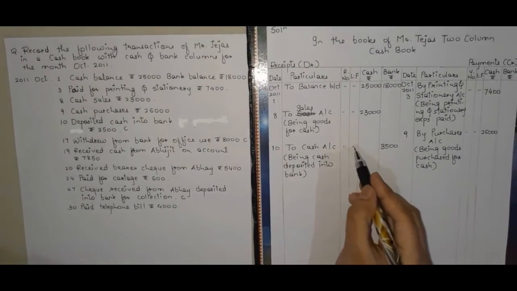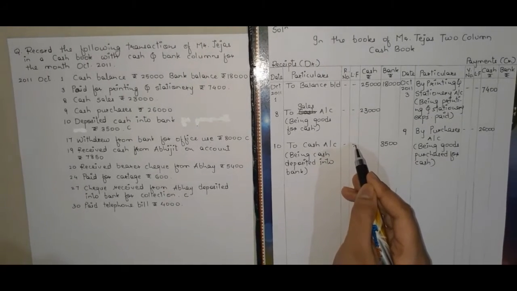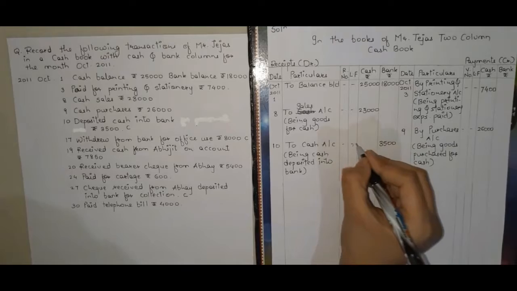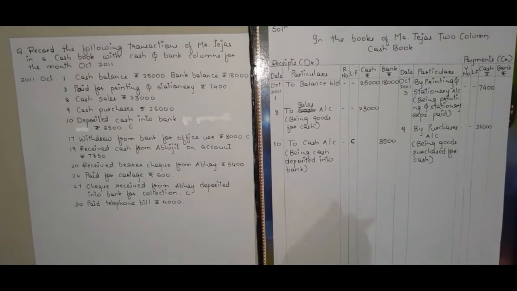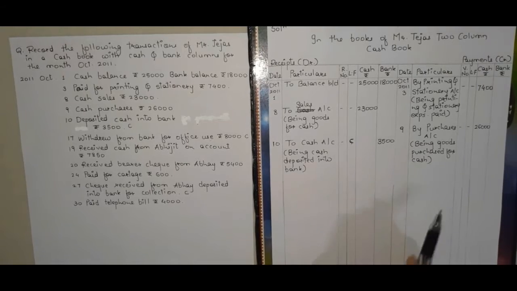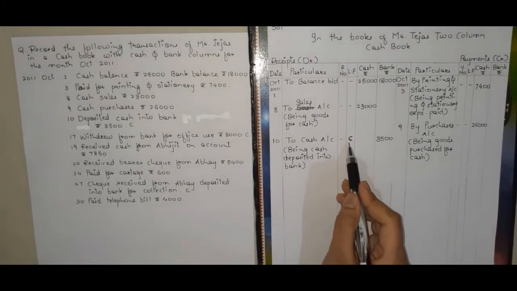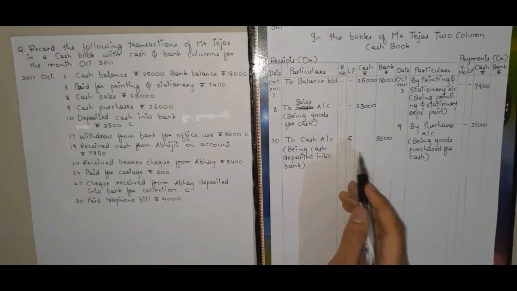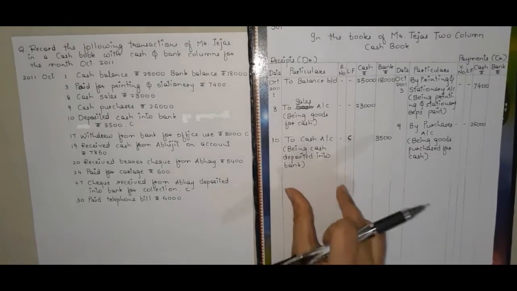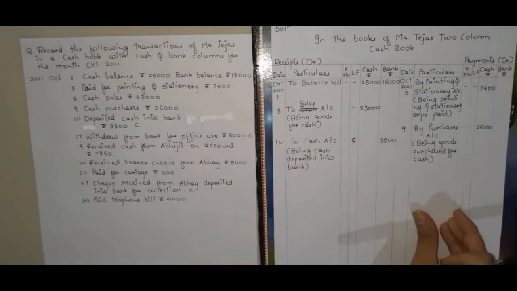Here you have to mention that this is a contra entry. So what are you going to write over here? C. You will not just give it as a sign nil, because this transaction we have to record on both the sides. That is why we have to write the letter C, so that it denotes that this is a contra entry.